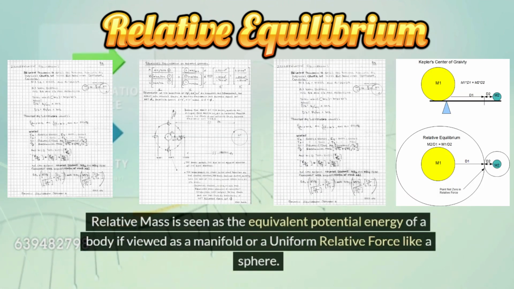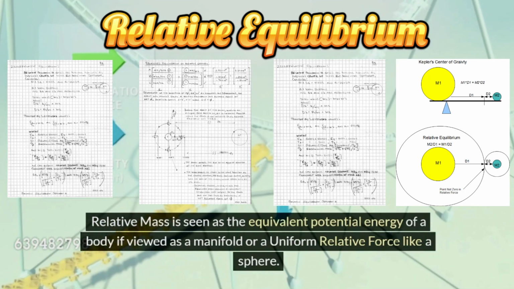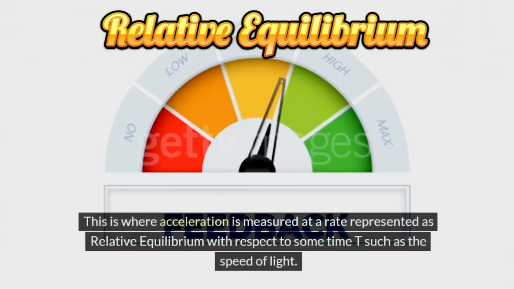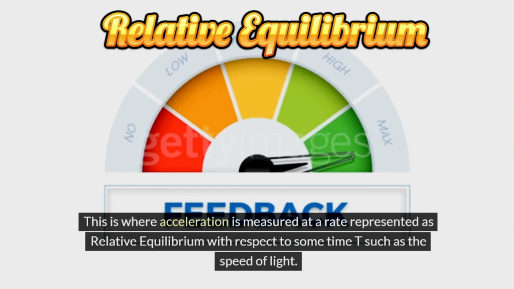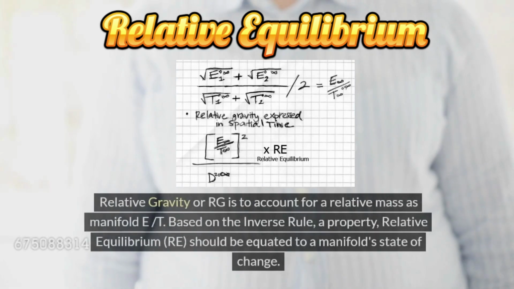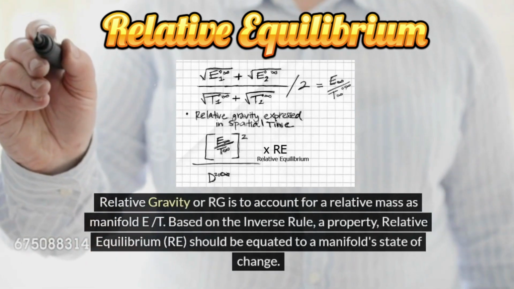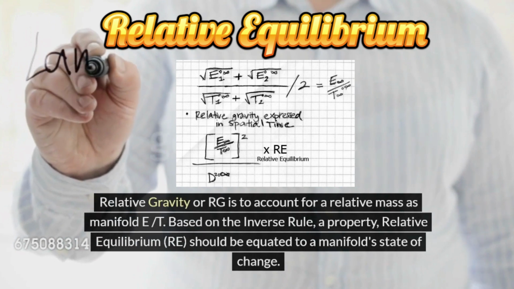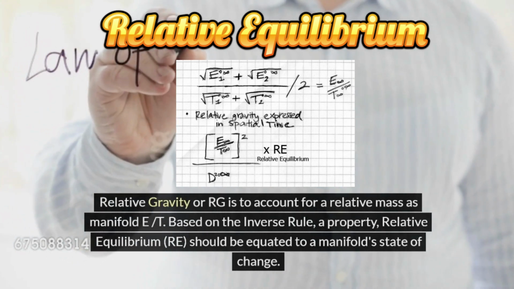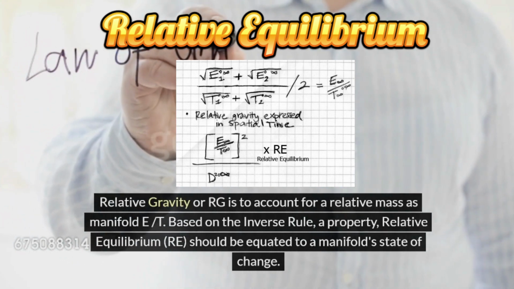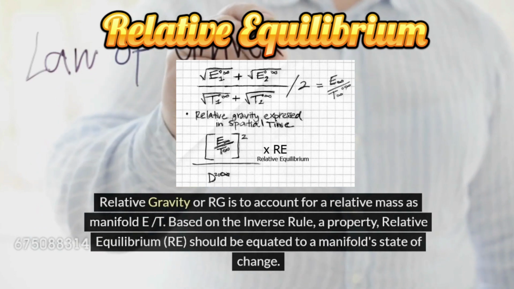This is where acceleration is measured at a rate represented as relative equilibrium with respect to some time t, such as the speed of light. Relative gravity, or Rg, is to account for a relative mass as manifold E/t. Based on the inverse rule, a property, relative equilibrium, Re, should be equated to a manifold's state of change.